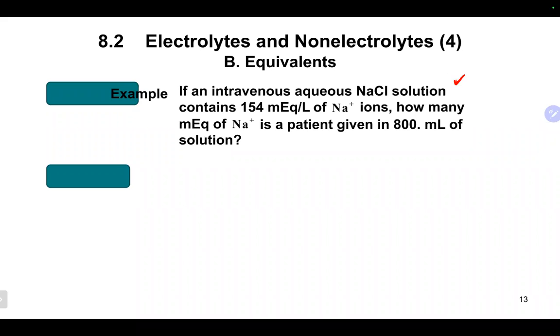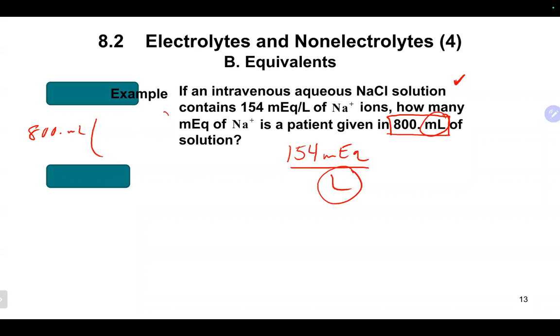Okay, let's take a look at this one. So really, this is just a conversion here. We are given 154 milliequivalents per liter, and we're going to give the person 800 milliliters. So we do have some unit issues here. One's in liters, and one is in milliliters. So we need to convert the milliliters to liters. We divide by 1,000, or move the decimal place, whichever way you prefer.